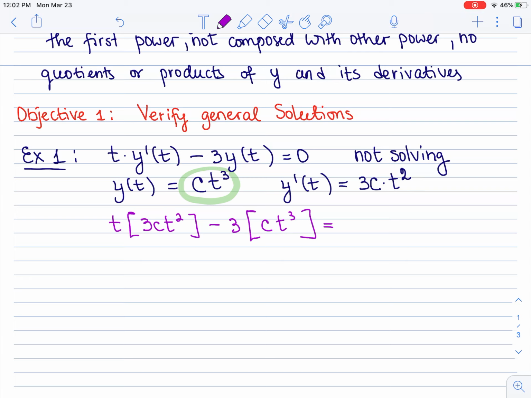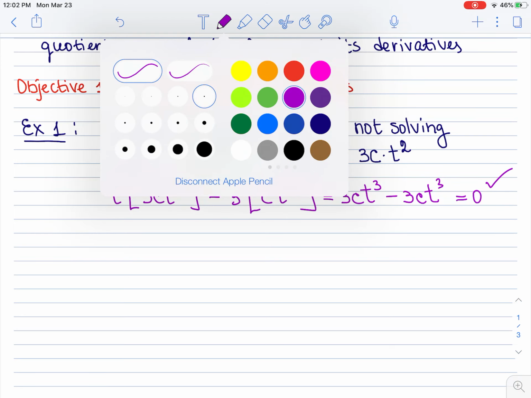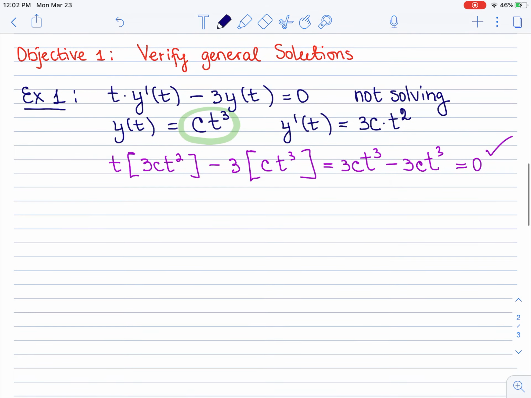Well, this is 3ct cubed minus 3ct cubed. That is equal to 0. We just verified this. The solution to this first order linear equation works. Let's take a look at the second example.